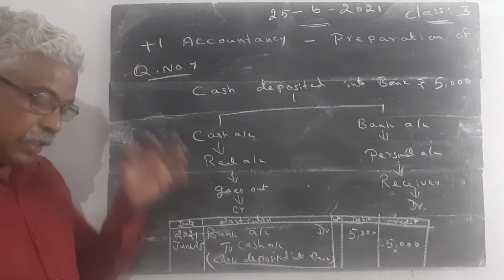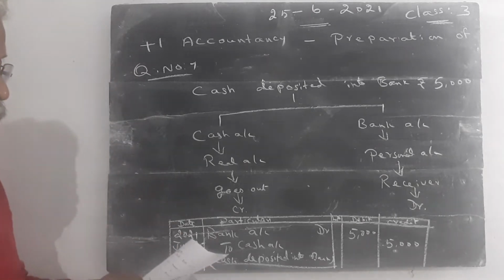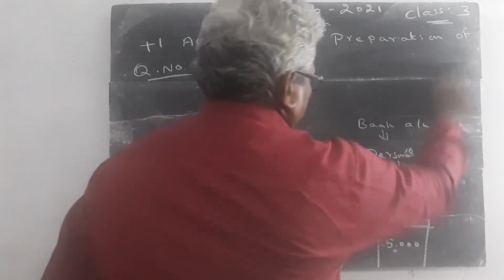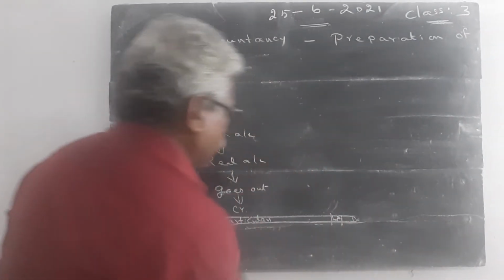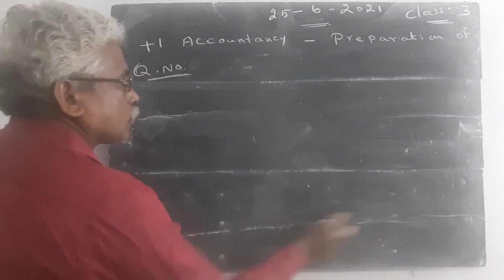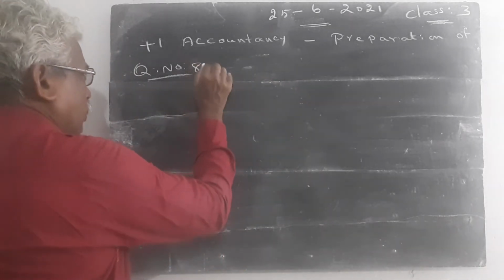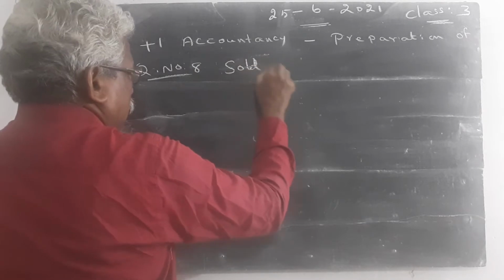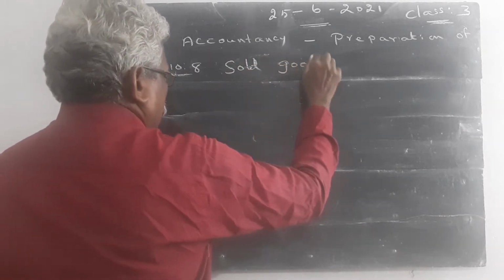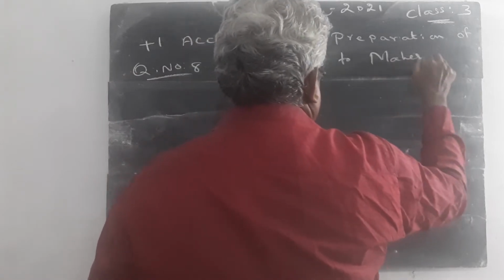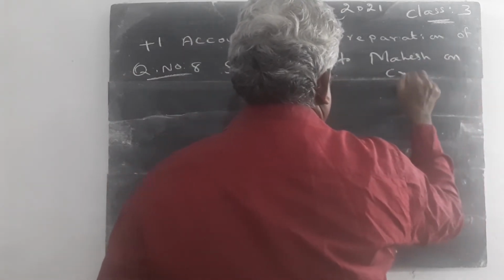Then question number 8. Sold goods to Magesh on credit, rupees 9,000.